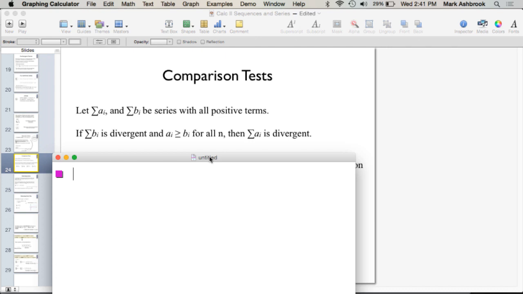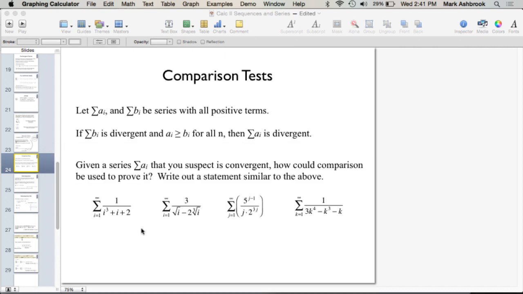That's called the comparison test. Okay, now suppose, given a series sum of a_i and you suspect it's convergent, how could you use comparison to prove that the sum of a_i is convergent? Can you write a similar statement to that one up there?